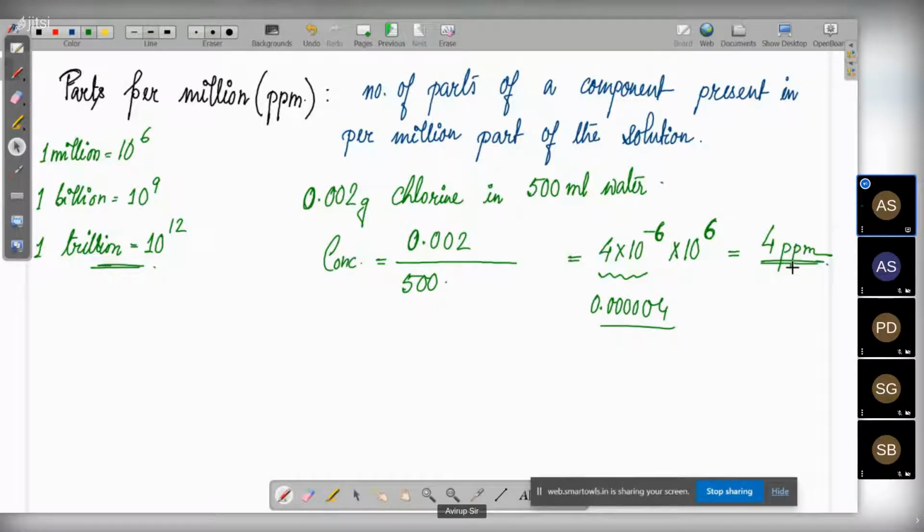When you are explaining something in the newspaper, it has to be easy. You cannot use so many decimal numbers. That is why the preferred unit for the concentration of pollutants in the air is parts per million.